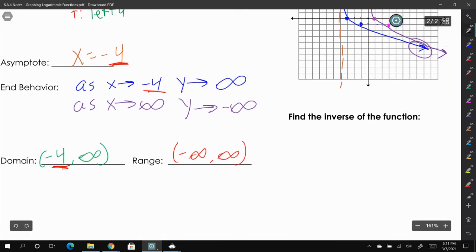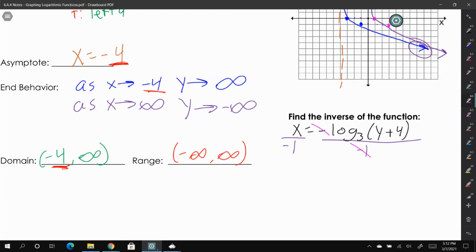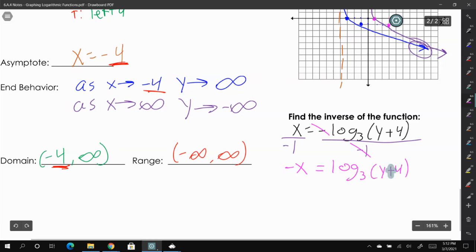And then finding the inverse, switching x and y. So x equals negative log base 3 of y plus 4. I'm going to divide by negative 1 first to get rid of that negative sign here. So x divided by negative 1 is going to be negative x. So negative x equals log base 3 of y plus 4.